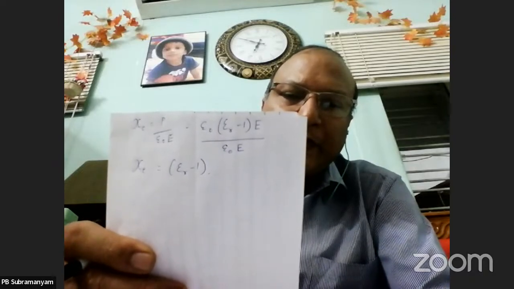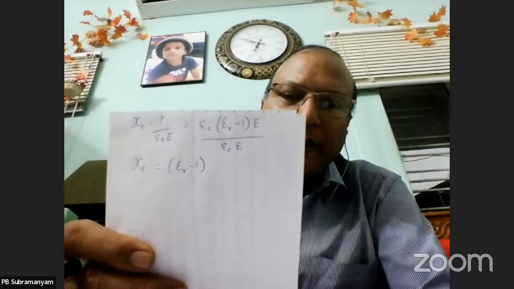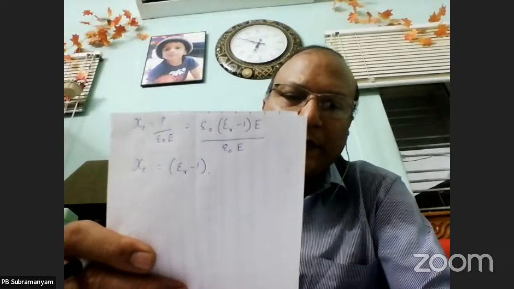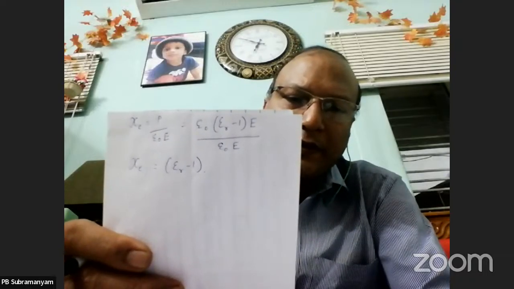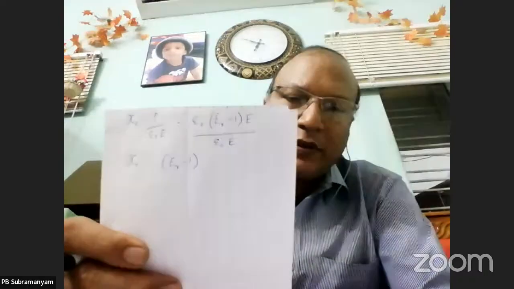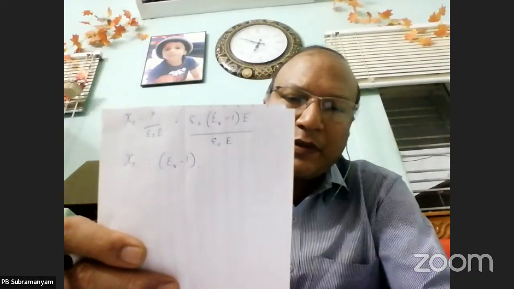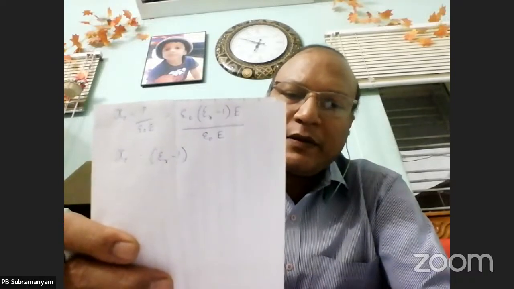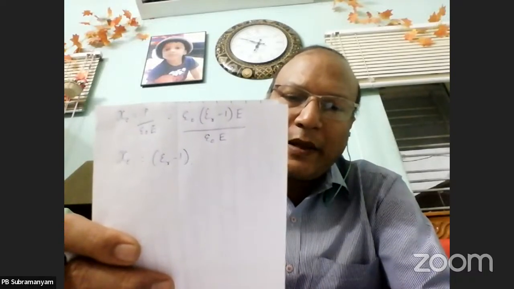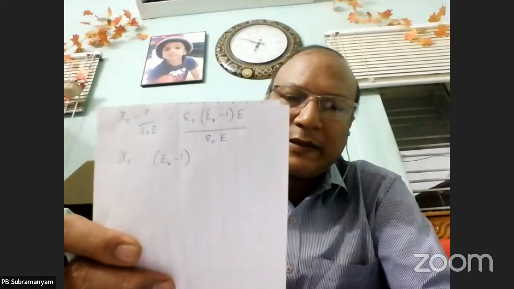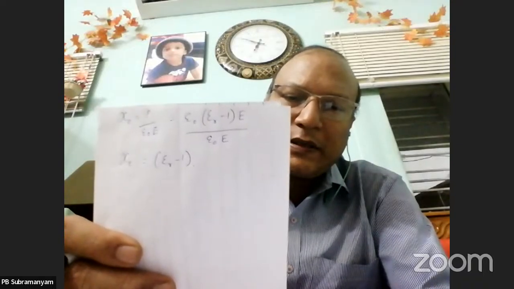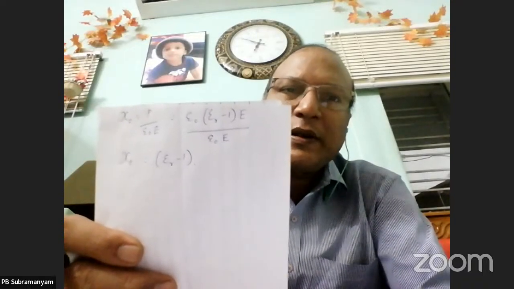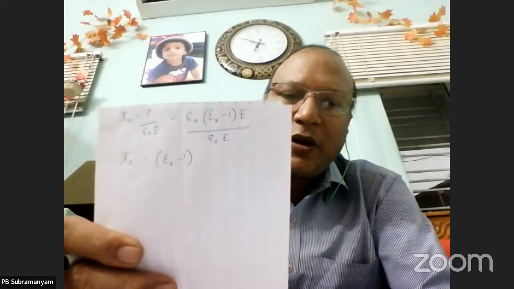Then chi E equals P by epsilon naught E, which equals epsilon naught times (epsilon r minus 1) times E divided by epsilon naught E. After cancellations, you get chi E equals epsilon r minus 1. See the definitions and all here.